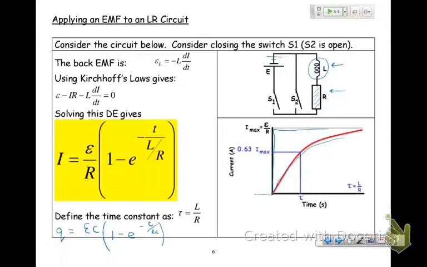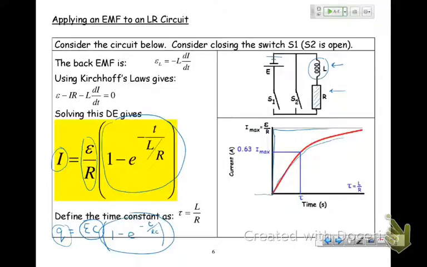By doing the analogies, I can say, okay, it looks somewhat like the old equation. There's my maximum value, and it's modified by this guy. Here was my maximum value, and it's modified by this guy. What I've got to remember is that this is in terms of current, whereas that was in terms of charge. But current for an inductor behaves like charge for a capacitor.